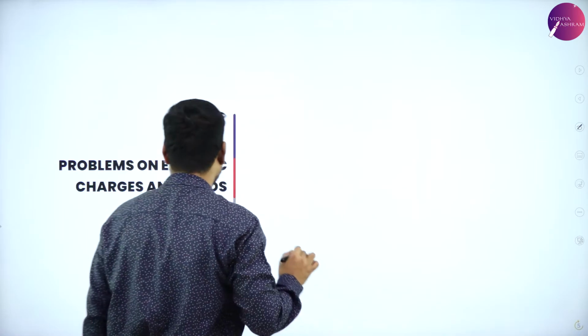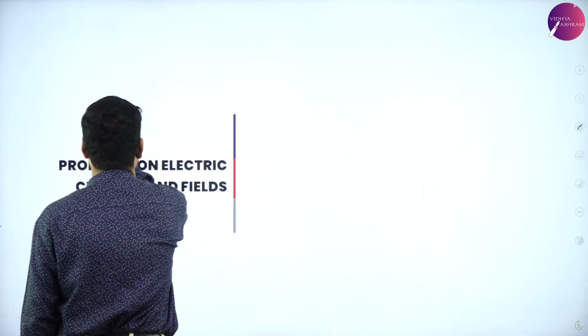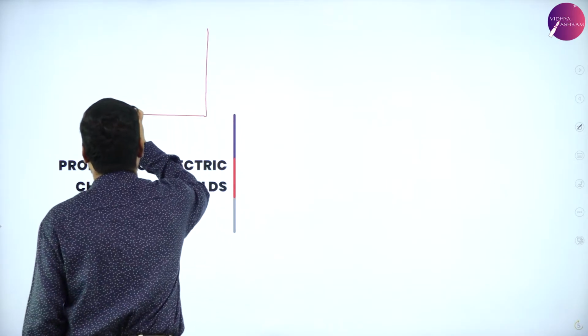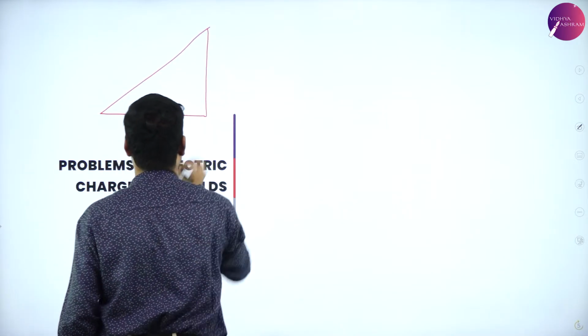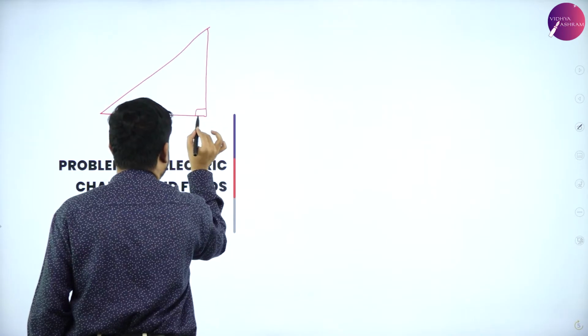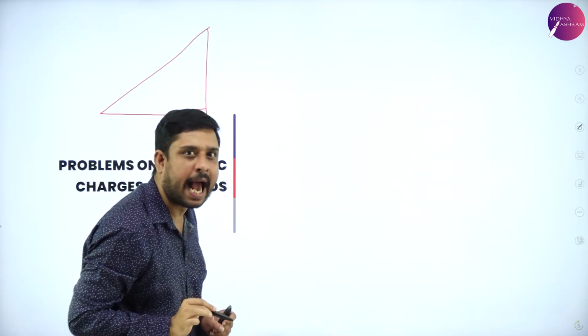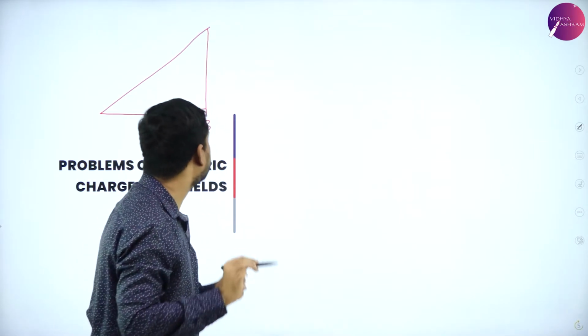Now the given triangle is a right-angled triangle where very clearly B is the right angle according to the problem.